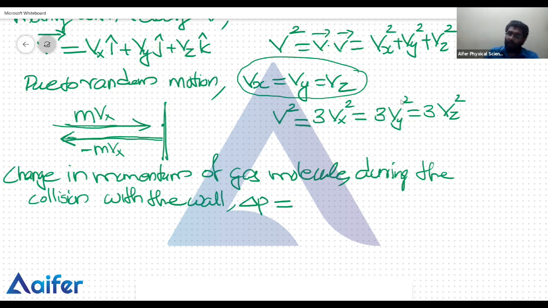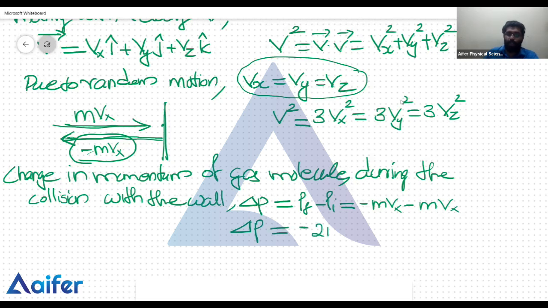Which is final momentum minus initial momentum. Change in momentum is by convention always measured as final momentum minus initial momentum. What is final momentum? This is final momentum, minus mvx. So minus mvx minus initial momentum, which is mvx. So the change in momentum delta P is equal to minus 2 mvx.